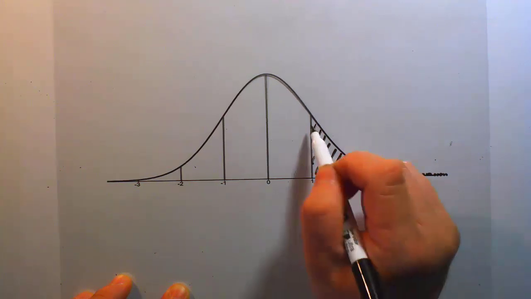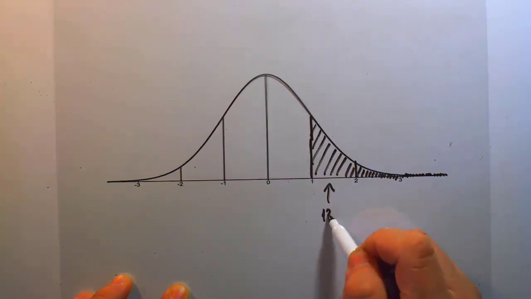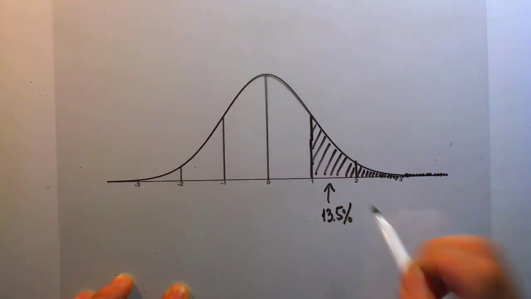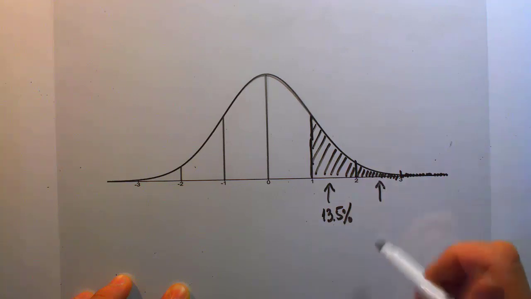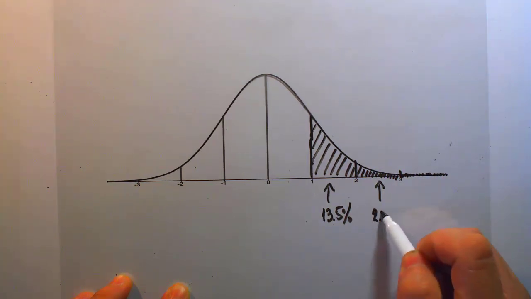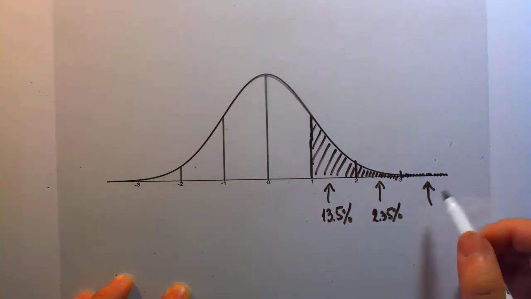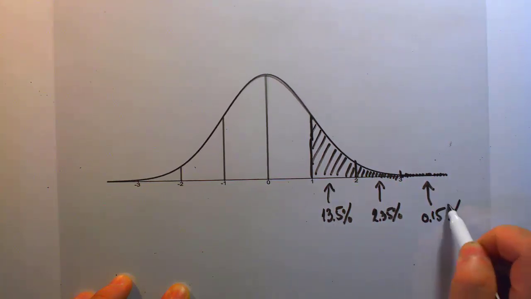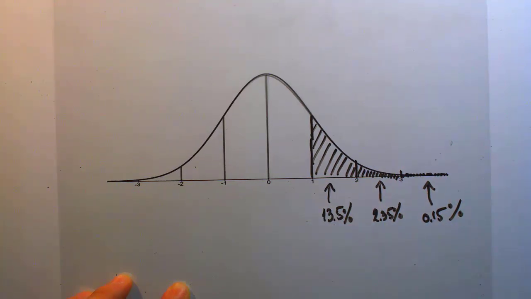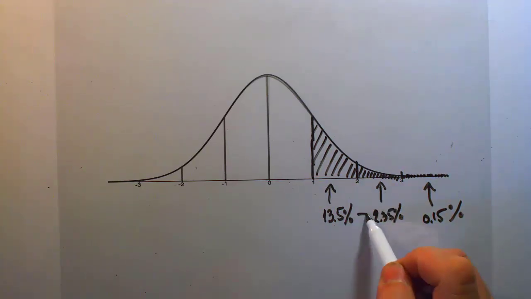This piece between these two we already know is 13.5%. This piece between 2 and 3 is 2.35%, and this very last piece is 0.15%.